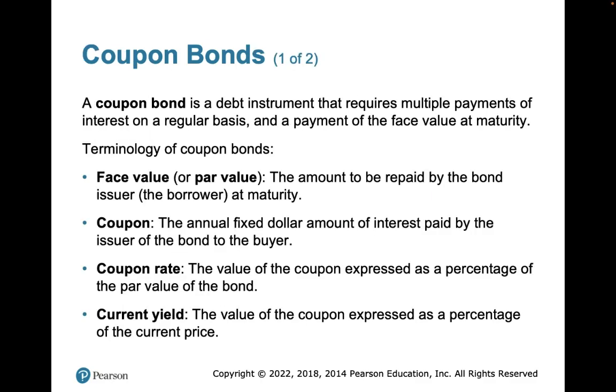We also have the coupon bonds. Coupon bonds are debt instruments that require multiple repayments on a regular basis, like you servicing the loan, and a payment of the face value at maturity. You get the loan, let's say 10,000 for example, and on the interest you have to pay like 200 monthly on the loan, like you servicing the loan.